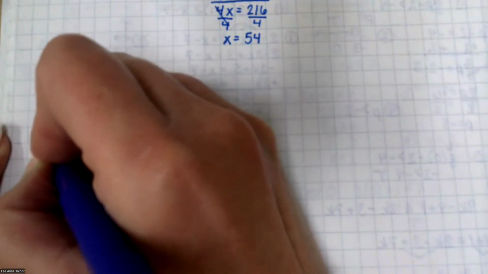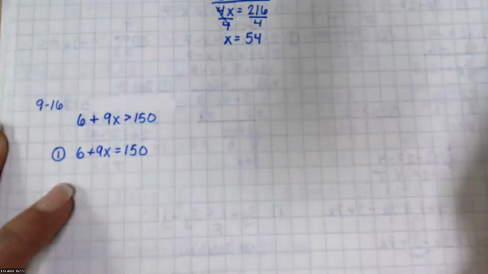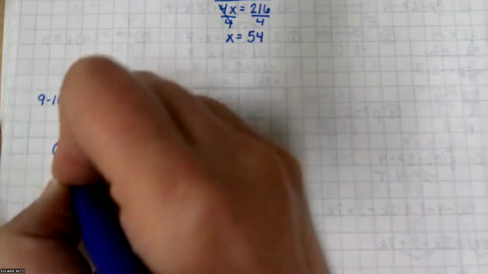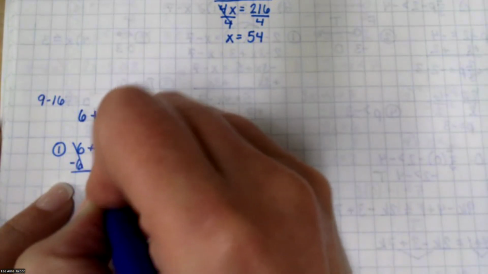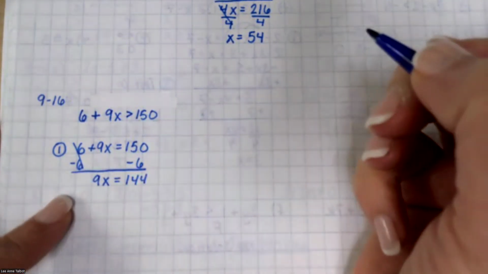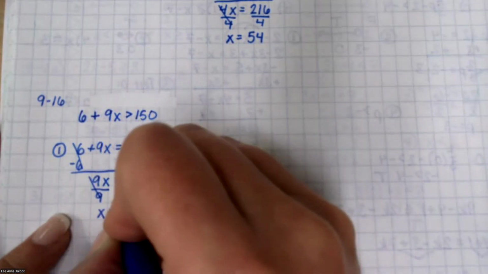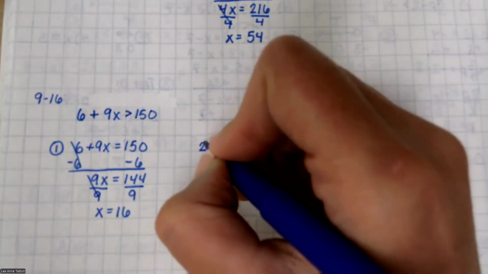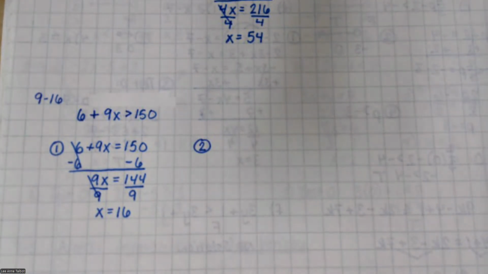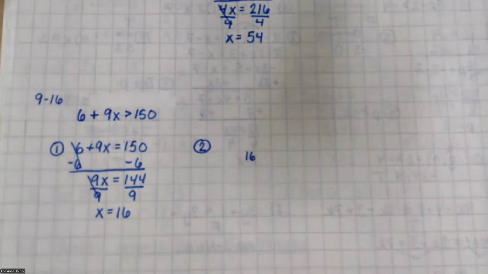Okay, step 1. Okay, step 2. I'm going to put 16 on the number line.